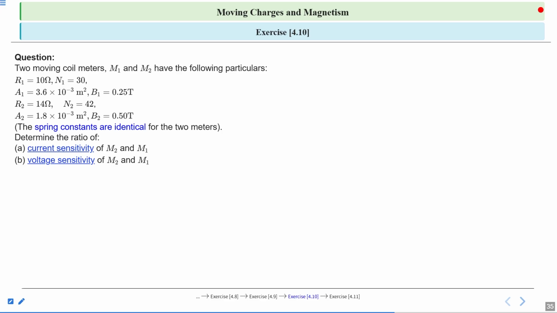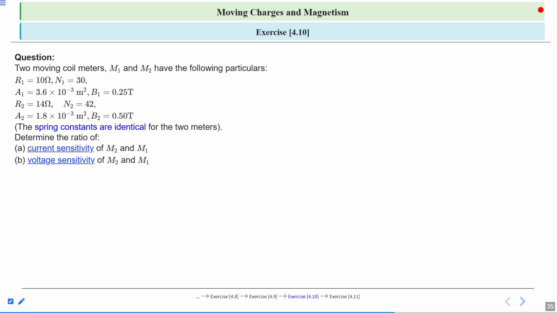The number of turns of the first moving coil meter is 30. The area of the coil of the first meter is A1, equal to 3.6 into 10 to the power minus 3 meter square. And the magnetic field of the permanent magnets placed in the first meter is 0.25 Tesla.